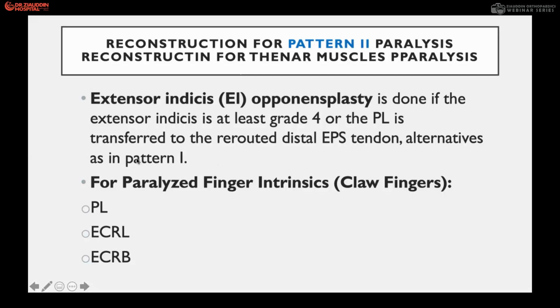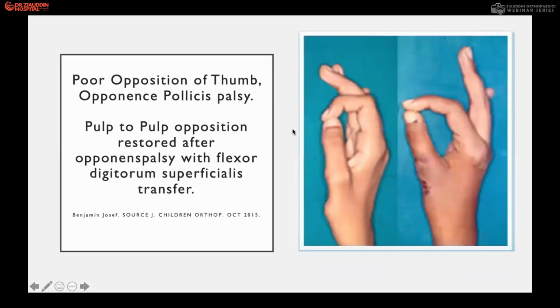An alternative in pattern 1, for the paralysis of the finger intrinsics to correct the finger clawing, is the palmaris longus, extensor carpi radialis longus, extensor carpi radialis brevis muscles. Here it shows there is abduction and opponens weakness, and it has been corrected by the flexor digitorum superficialis tendon transfer from the ring finger for the abduction and opponens.